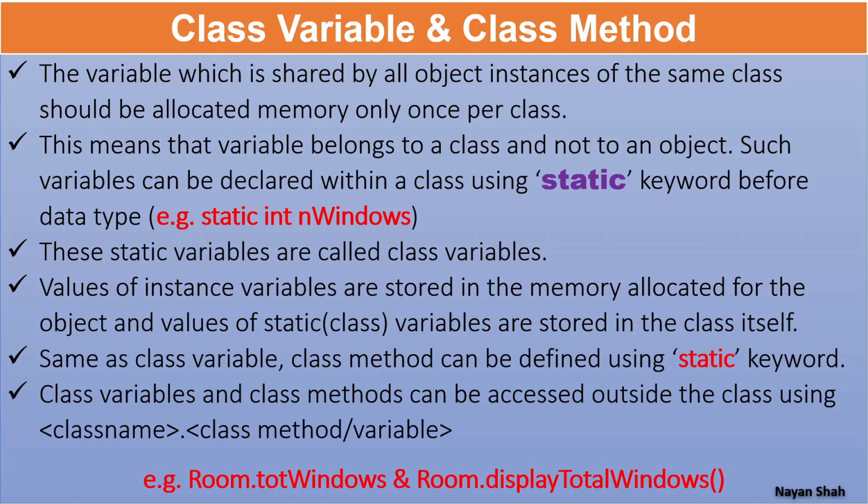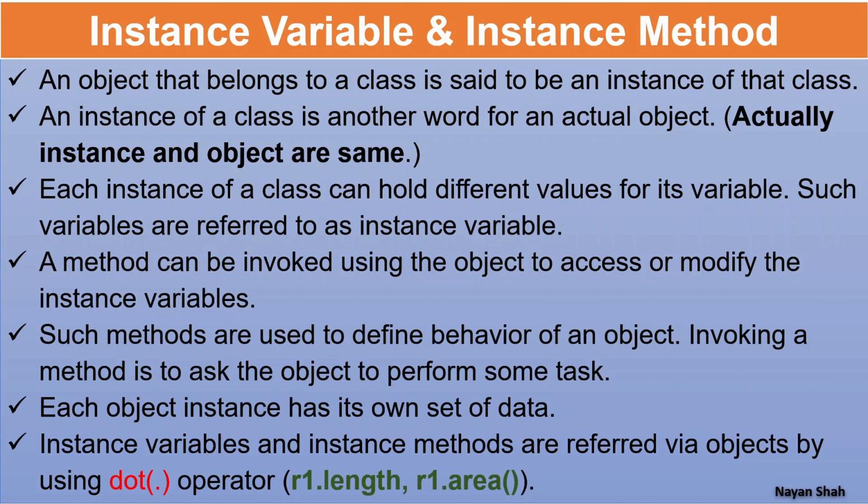Class variables and class methods can be accessed, that means can be used outside the class, using the class name, dot, and method name or variable name, as we have seen. R1.length, R1.setAttribute, R1.display, and so on. For example, here class method, so that is instance variable.